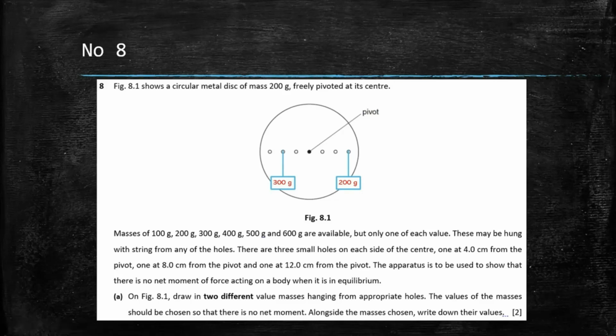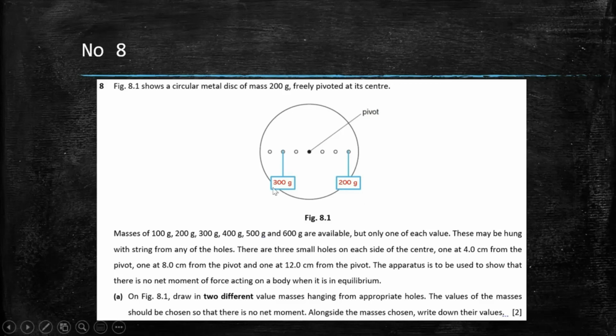Also, remember, you are only allowed to put one mass on each side of this center. If you put both masses on the left side or both masses on the right side, you will not reach equilibrium condition.